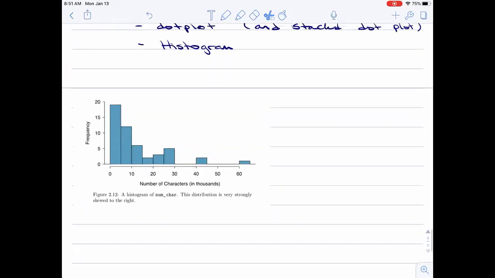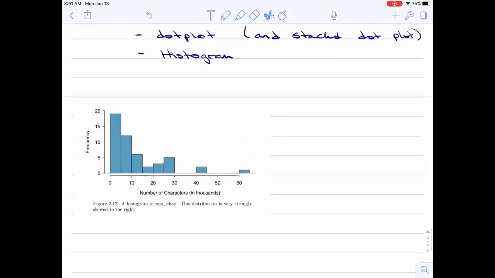So what a histogram does is it takes, so we've got the number of characters, right, in thousands from our email data, right? And so each email had some number of characters in it, right? Just counted in thousands. And so then the histogram just makes bins.